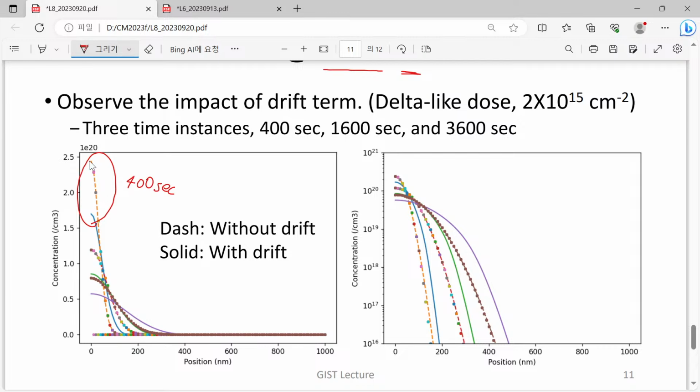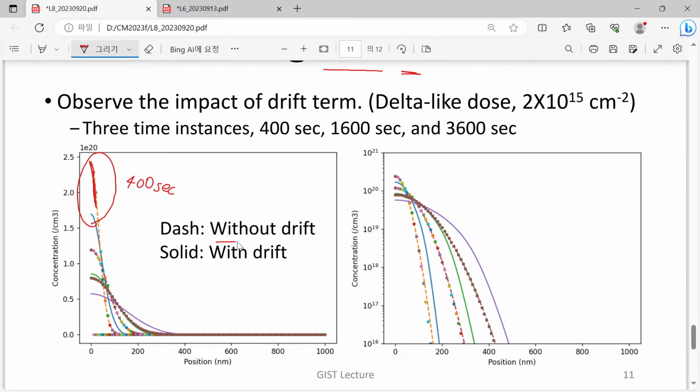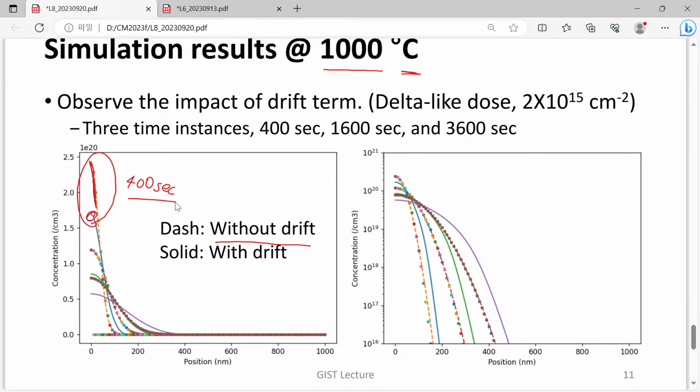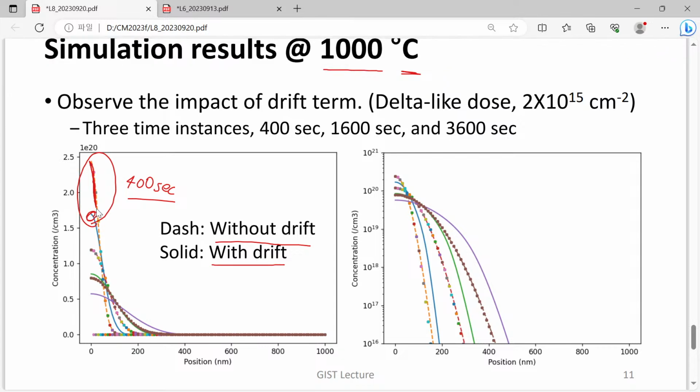This one corresponds to the simulation without the drift term. The same amount of time has elapsed, but with the drift term, you can see that it is enhanced. Please have a look at this one.